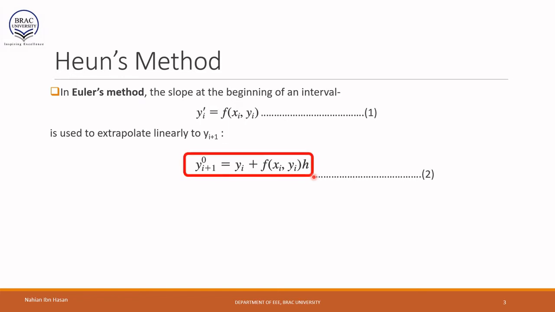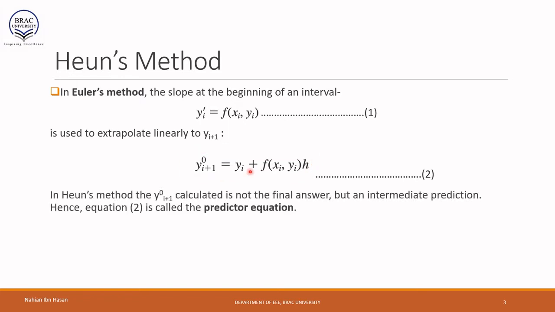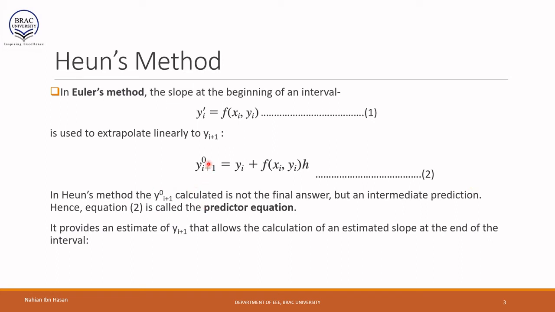But in Heun's method we are going to approach further. In Heun's method this is not the final equation, it is an intermediate equation called the predictor equation. It predicts the value of the function at the next data point, that means at the end of the interval.